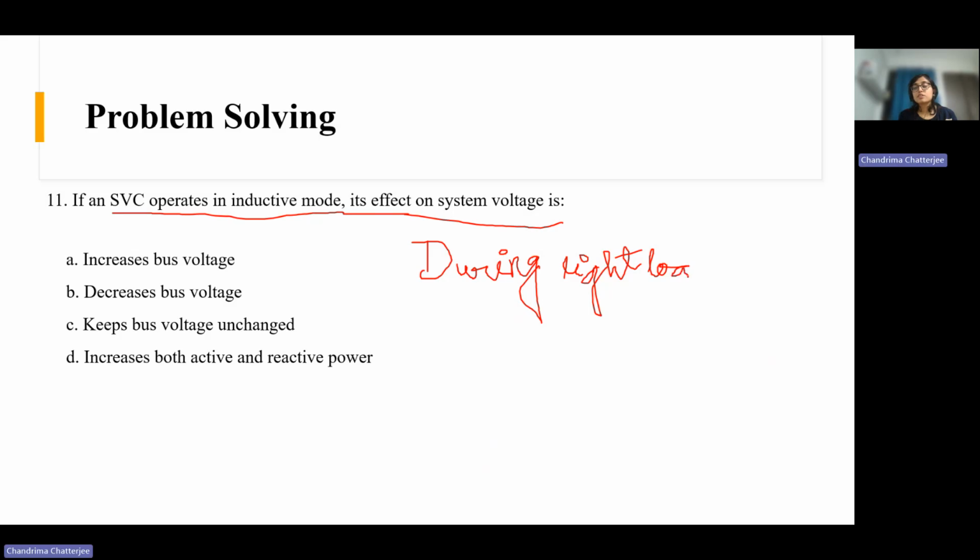So what will be the job of the inductive compensation? The job will be to absorb reactive power so that the voltage reduces, right? So obviously the system voltage decreases. When SVC operates in inductive mode, the system voltage decreases.